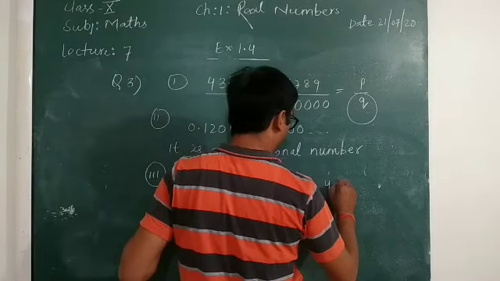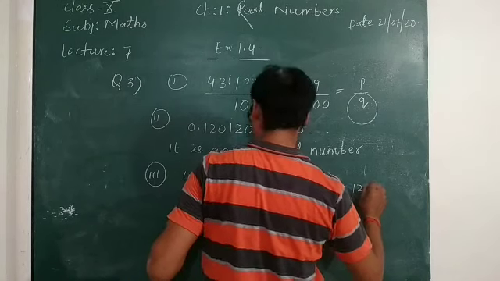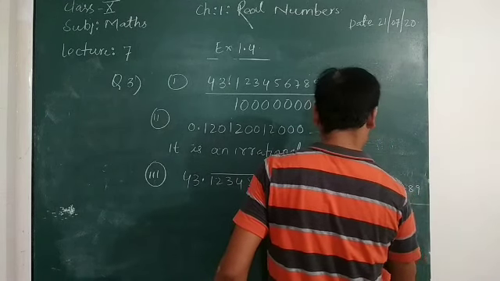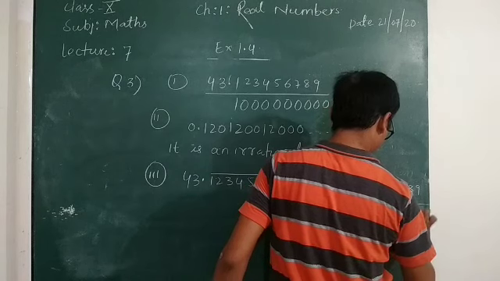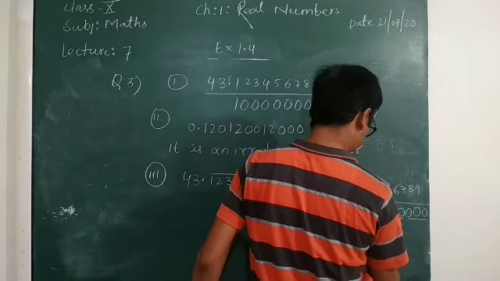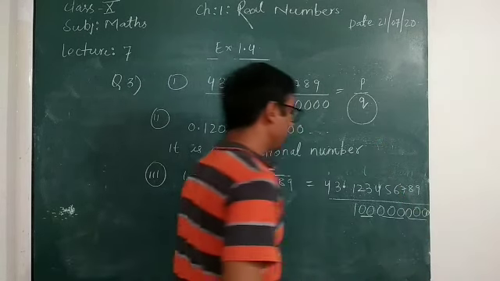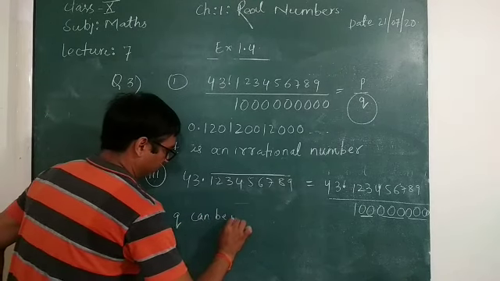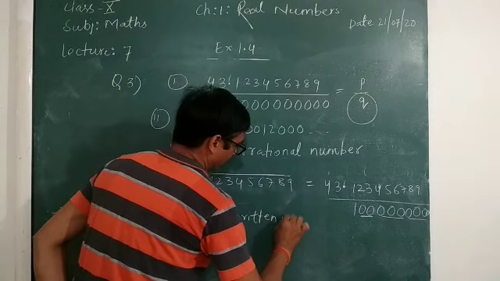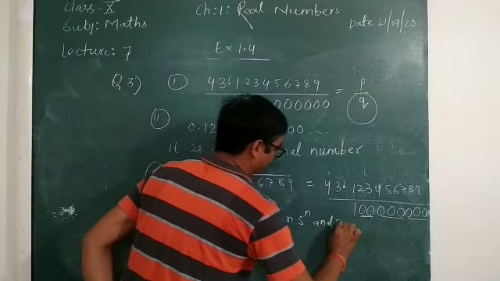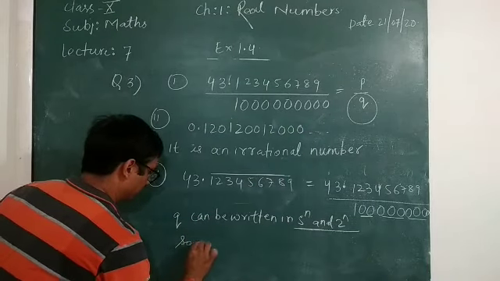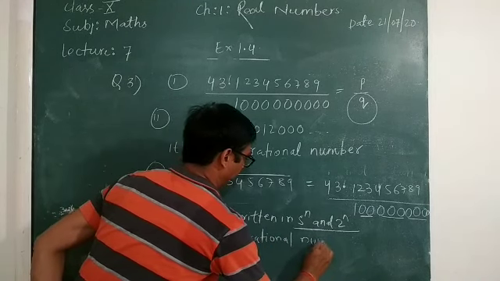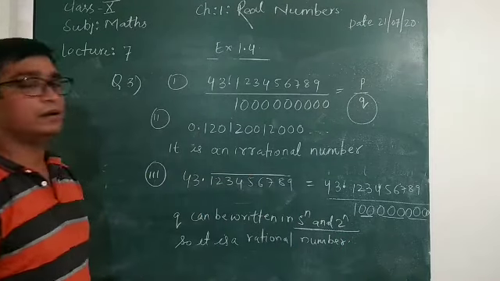So it can be written in the form of 43.123456789 upon something, and here again this q can be written in 5 raised to power n and 2 raised to power n. So it is a rational number.